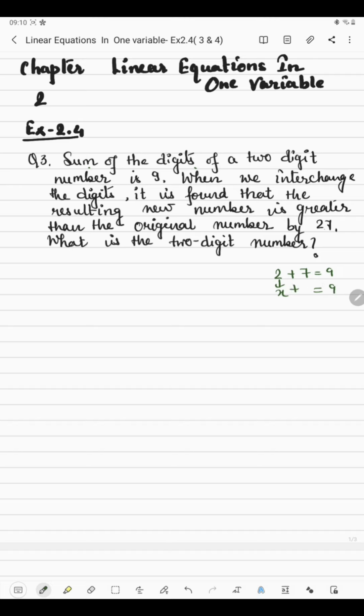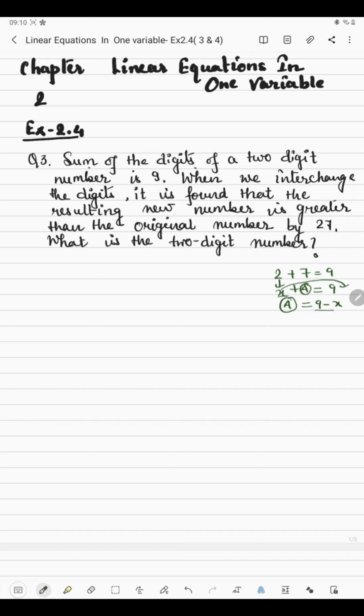Now how do we find the other unknown number? We take x to the right hand side, so the other number will be 9 minus x, because if x goes to the right hand side and the sign of x is plus, then it will be minus. So if one number is x, the other number will be 9 minus x.